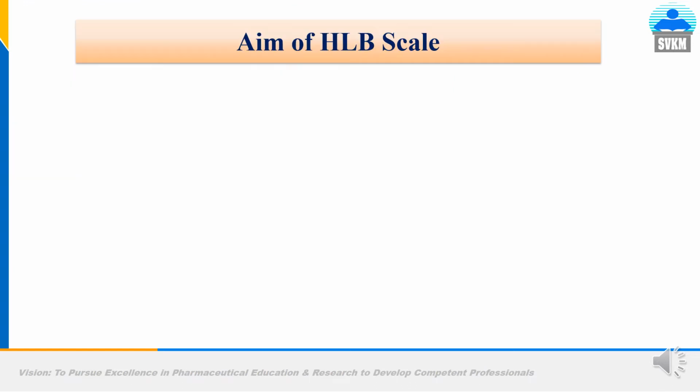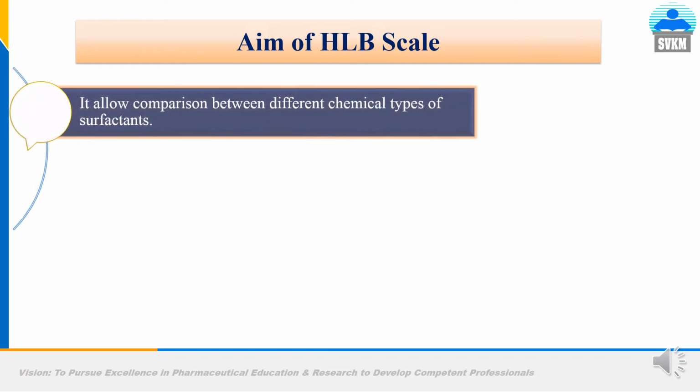Aim of the HLB scale. Generally, the HLB scale allows the comparison between the different chemical types of surfactant. It means that whether your surfactant is a solubilizing agent or detergent or anti-foaming in nature, that type of classification on the basis of the chemical nature of your surfactant can be done using this HLB scale.